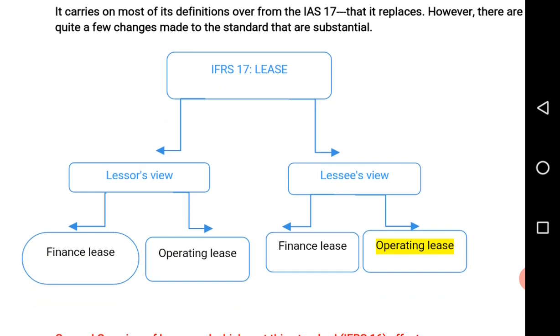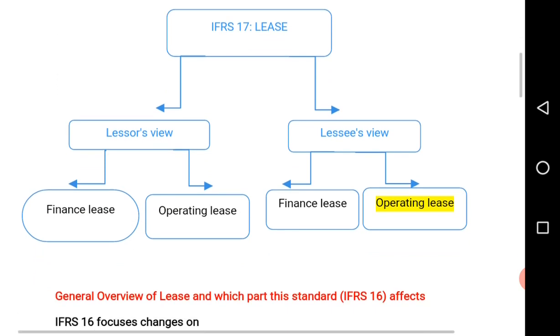The lessee is the person who pays periodic rental payments to the lessor for use of his assets. And now we have the change in accounting for operating lease in the lessor's view. So we'll look at it further down.